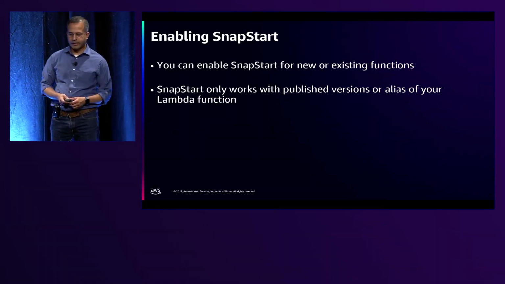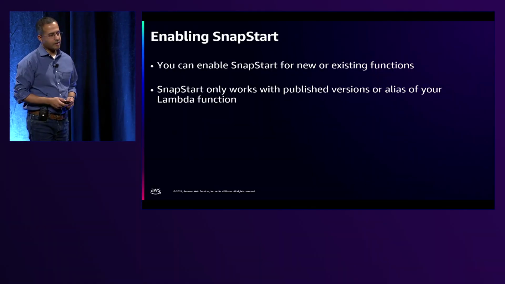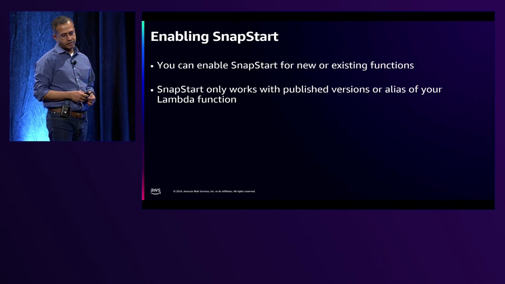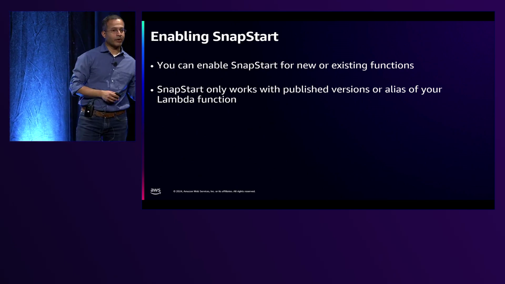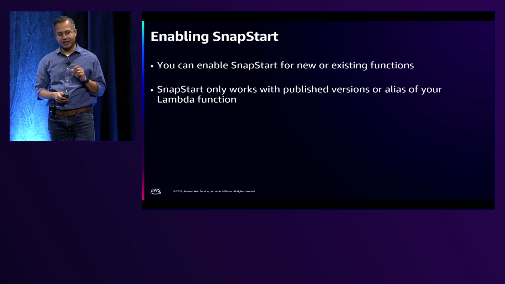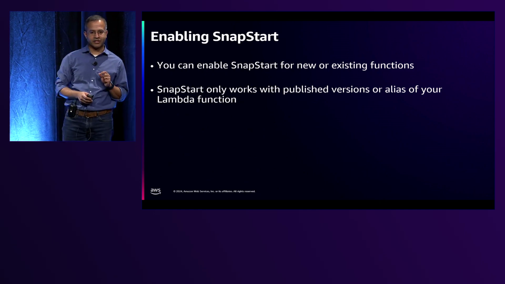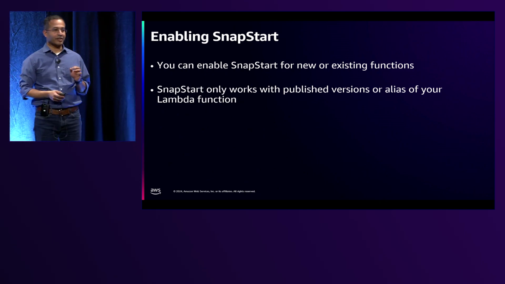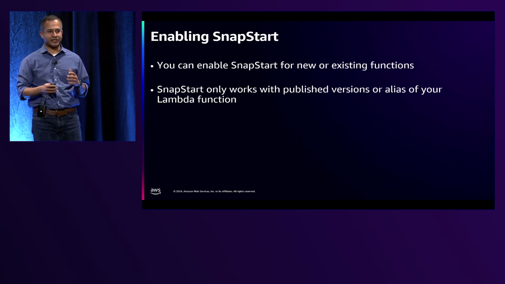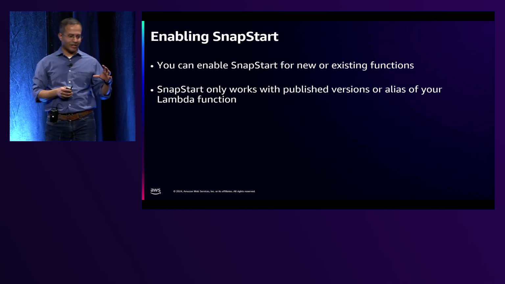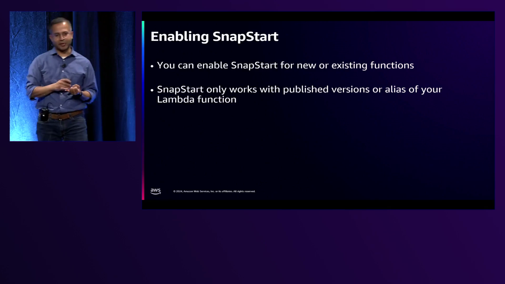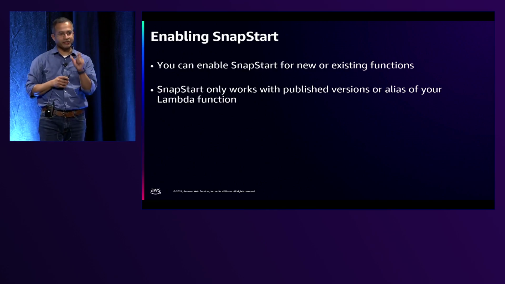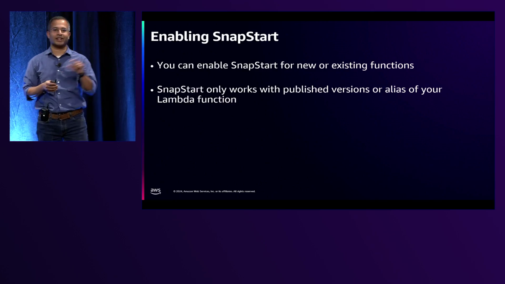Let's see how to configure SnapStart. You can enable SnapStart for new or existing functions. This point is very important: SnapStart only works with published versions or aliases of your Lambda function. There are instances where you've seen customers turn on SnapStart but never publish or refer to a version of the function, and so use a version that does not have SnapStart enabled.